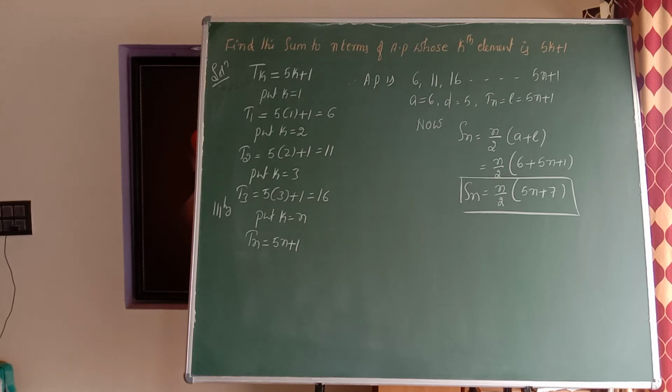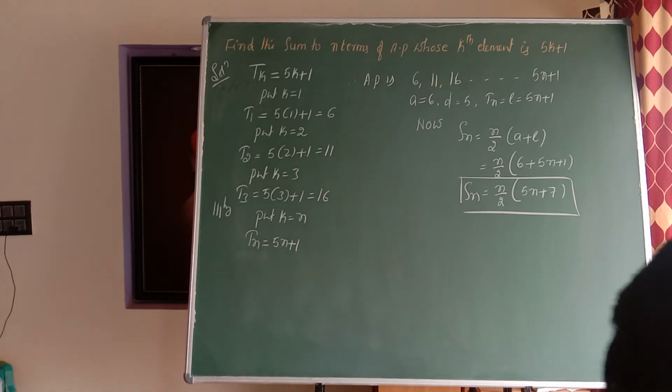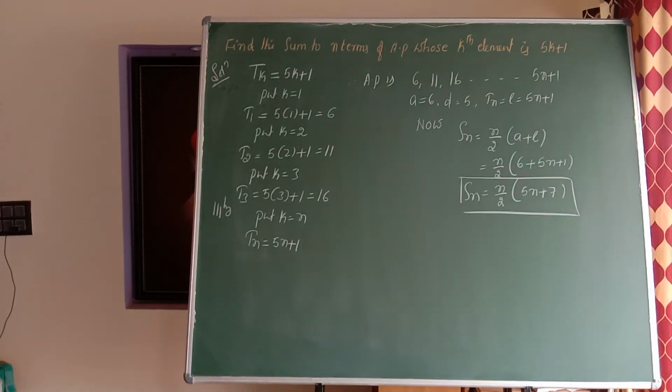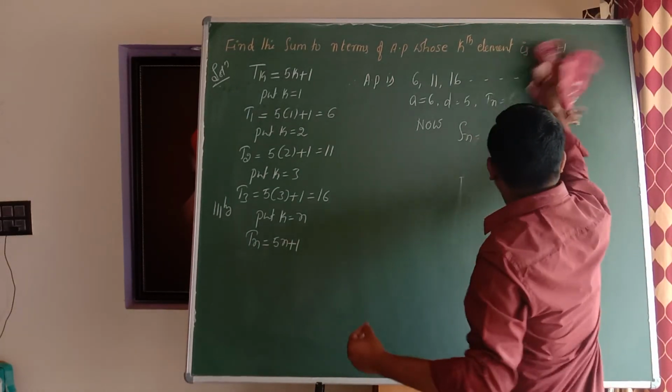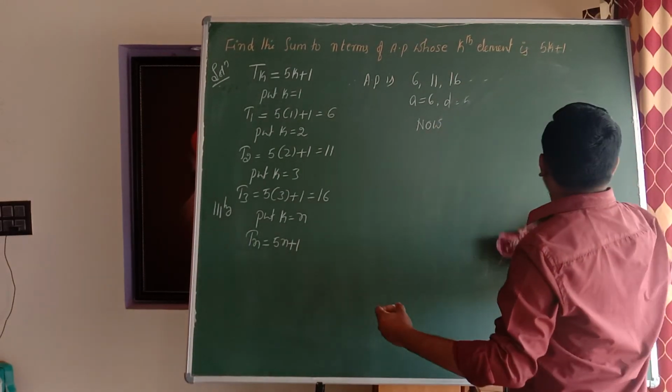But understand very neatly, these questions are very, very important from the point of view of examination, dear children. Okay, now let us take up one more problem related to this. This is equally important from the examination point of view.